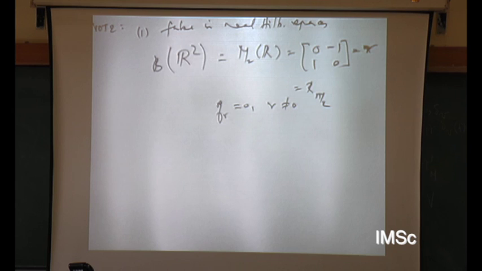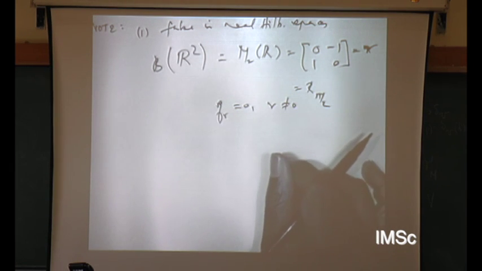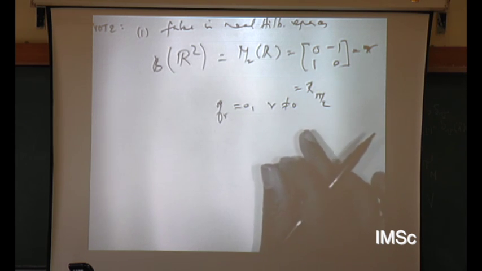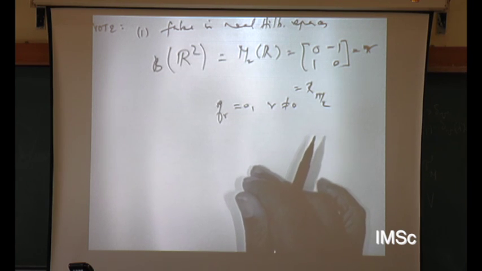So there is the proof of the second part, that something is self-adjoint precisely when its quadratic form is real. Okay, so that takes care of that.